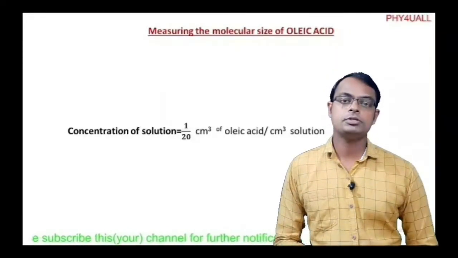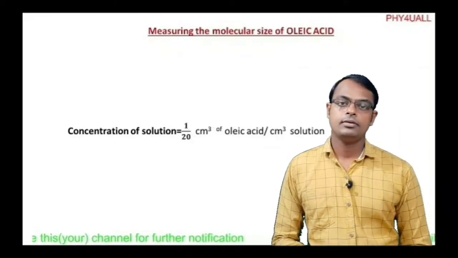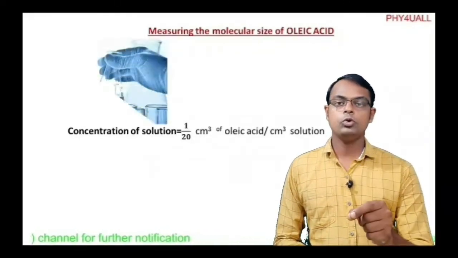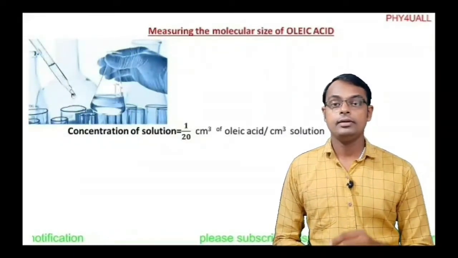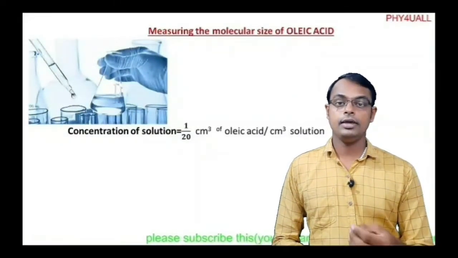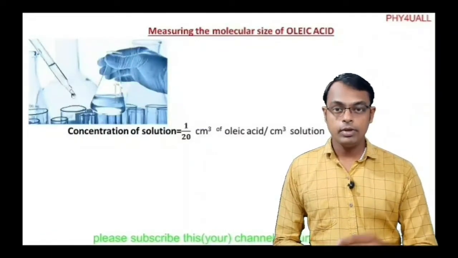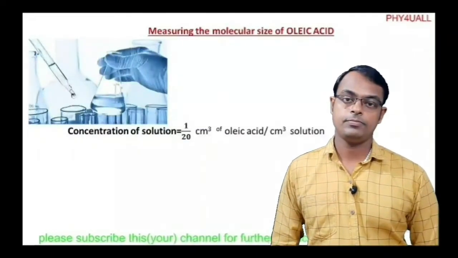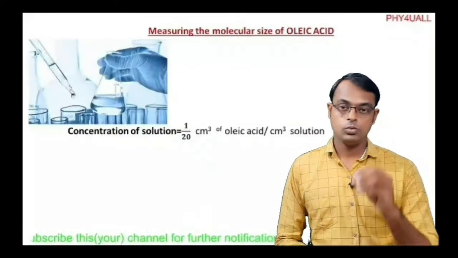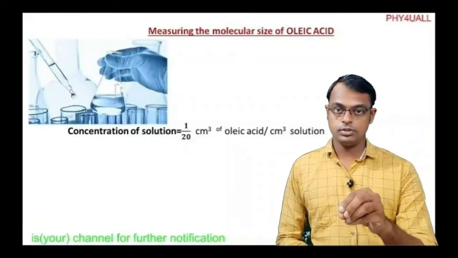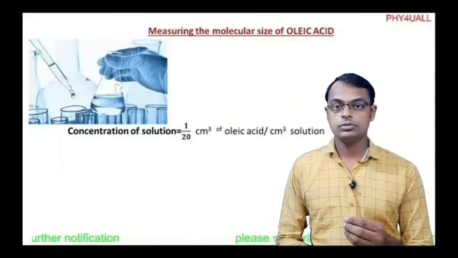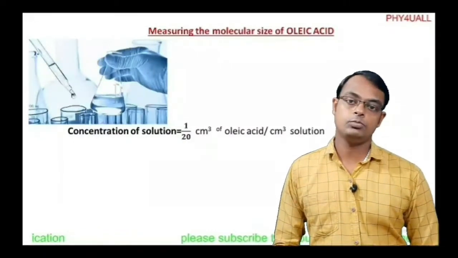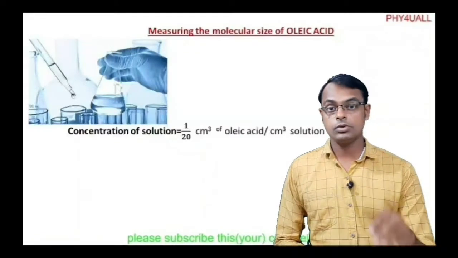Now the next step is that again take 1 cm cube of this mixed solution and add it to alcohol to make once again 20 cm cube. So the concentration is now reduced.